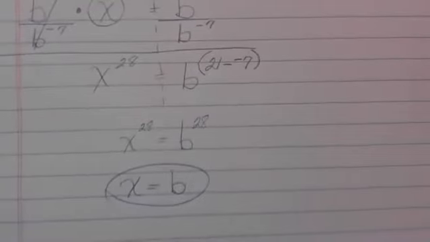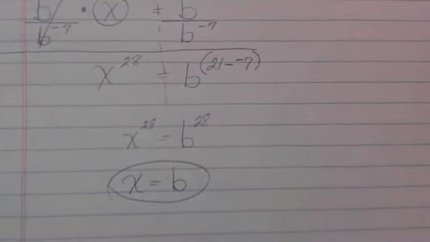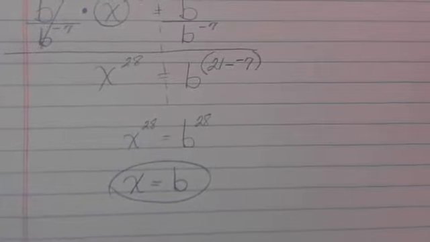Do you see? Yes. So in this case, x equals b. We'll learn how to do that using the root later. But in this case, because they're both to the 28th power, the bases have to be equal. And so x is equal to b.